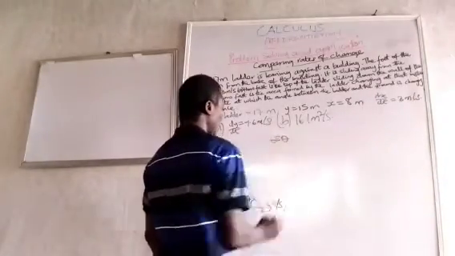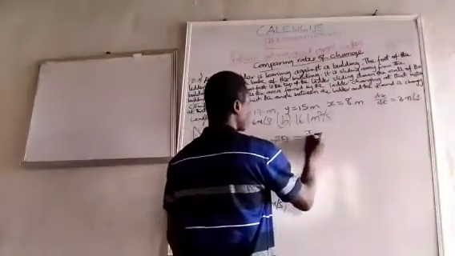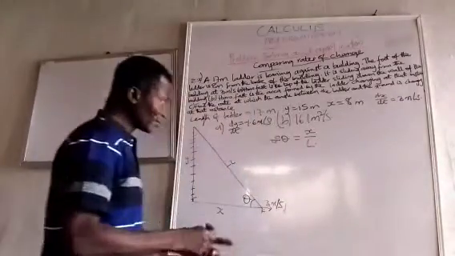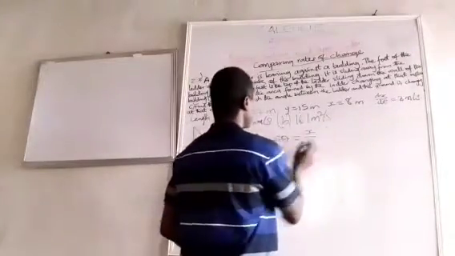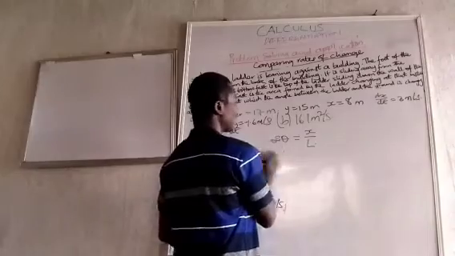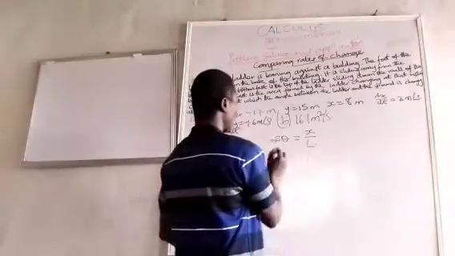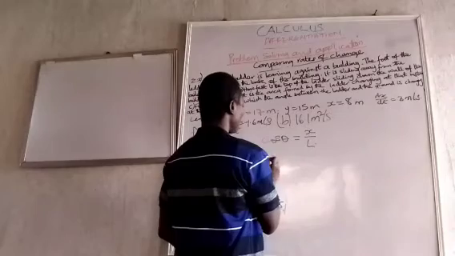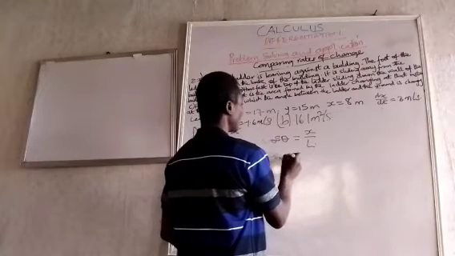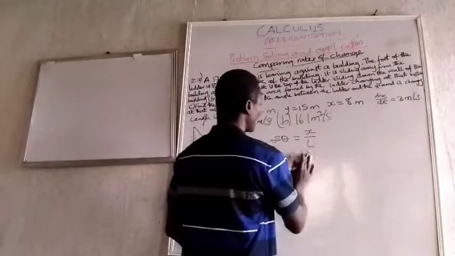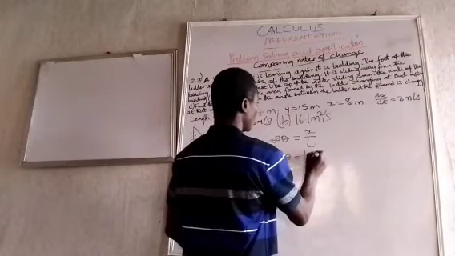So let's do this. Cos theta is equal to x over L. And let's differentiate both sides. I can now say minus sine theta d theta is equal to 1 over L dx.